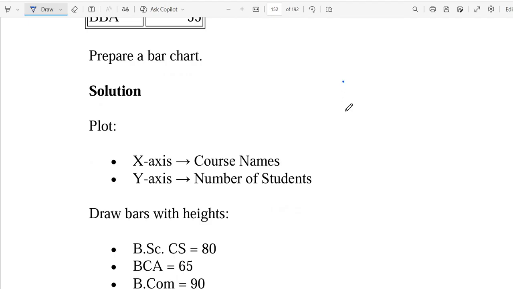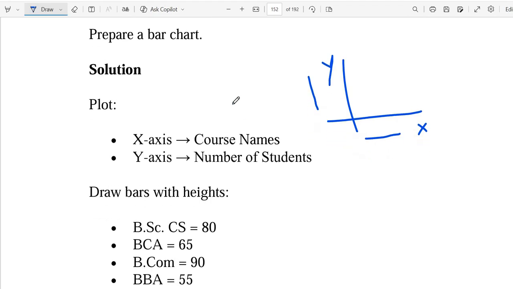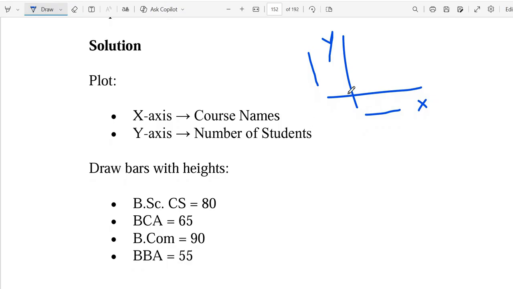So we have two axes on the graph, this one the x axis, and this one the y axis, right? On the x axis we will write the course name and on the y axis we will write the number of students. Always remember, we always write the numerical data on the y axis, correct?